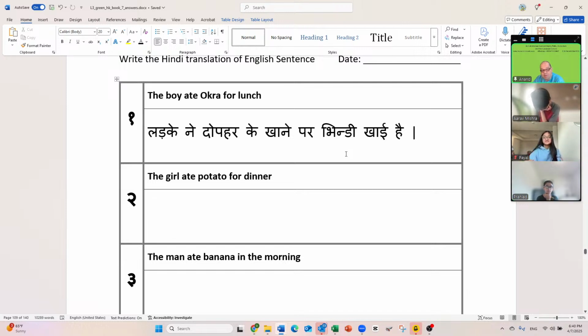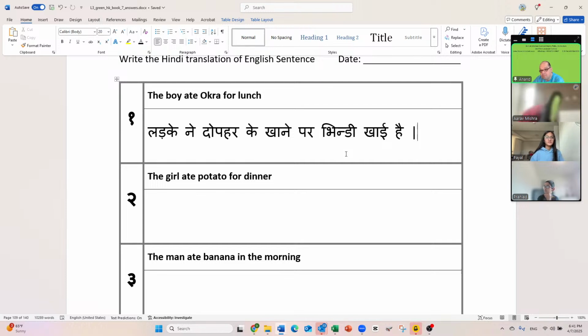Payal, come off mute and repeat with me. लड़की ने रात के खाने पर आलू खाई है. Is that right? No. What is wrong? Dinner, रात का खाना is dinner. So let's say that again, just repeat with me. लड़की ने रात के खाने पर आलू खाई है.